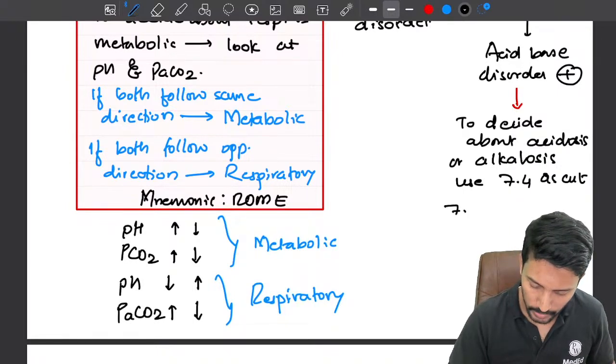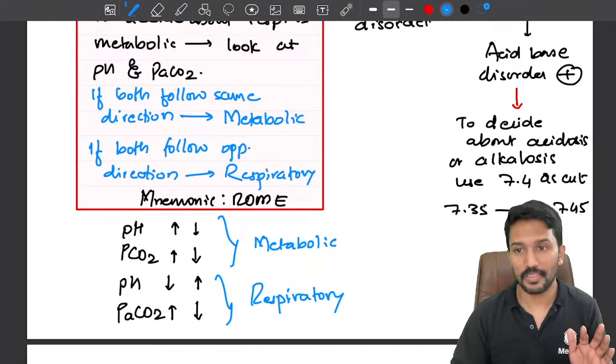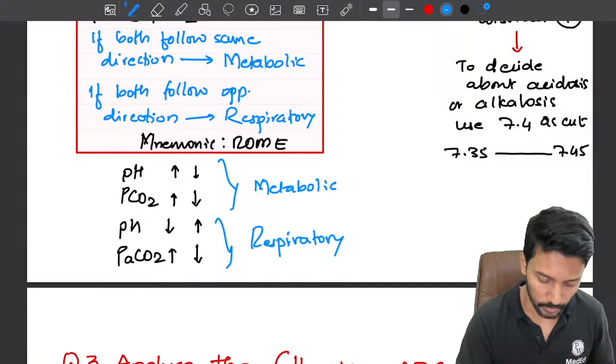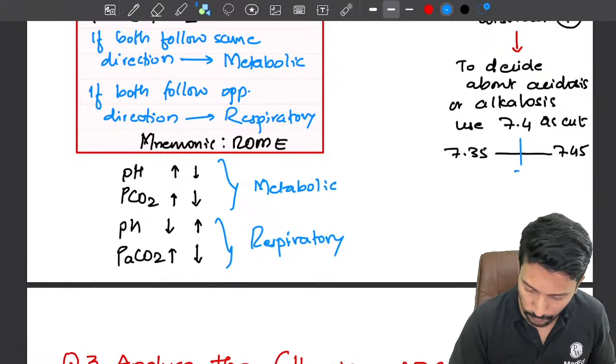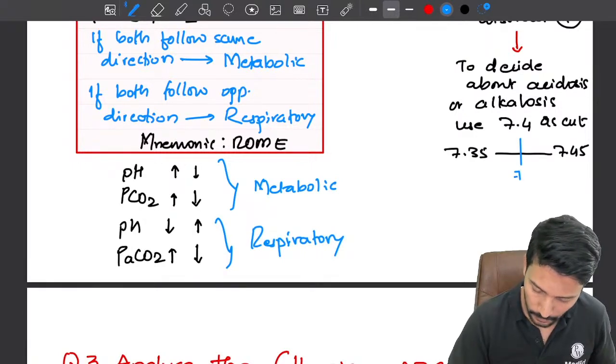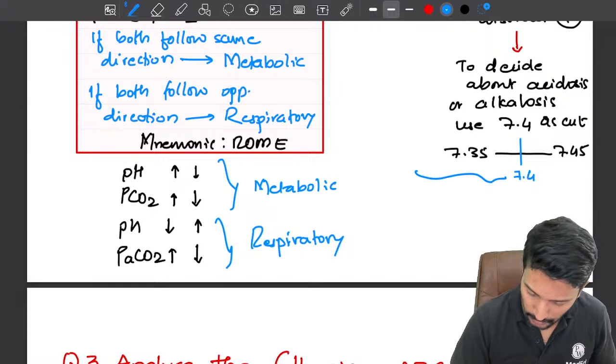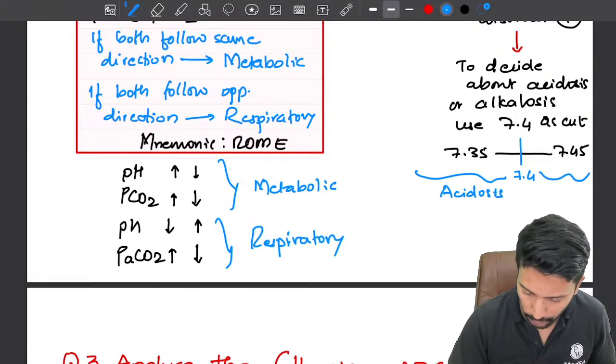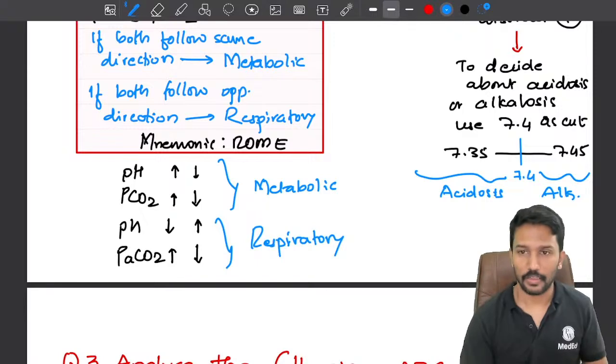So normal range of pH is 7.35 to 7.45. In a case where acid base disorder is there and yet pH is normal, we will use 7.4 as the cutoff. Okay, so on this side of 7.4 is acidosis, on that side of 7.4 is alkalosis.